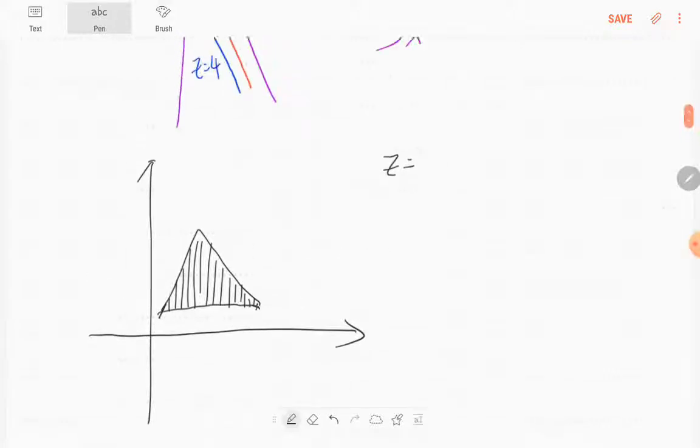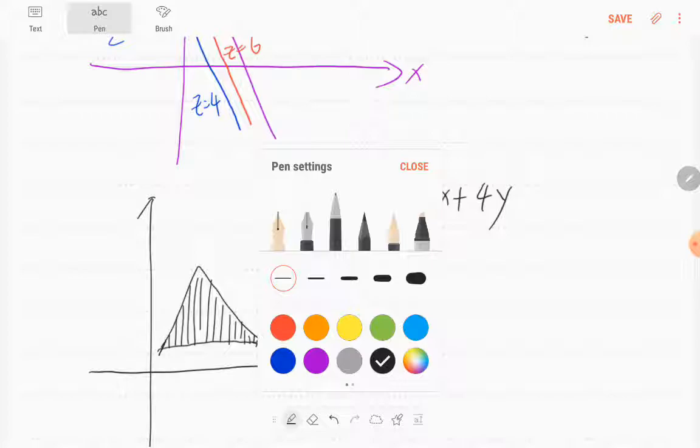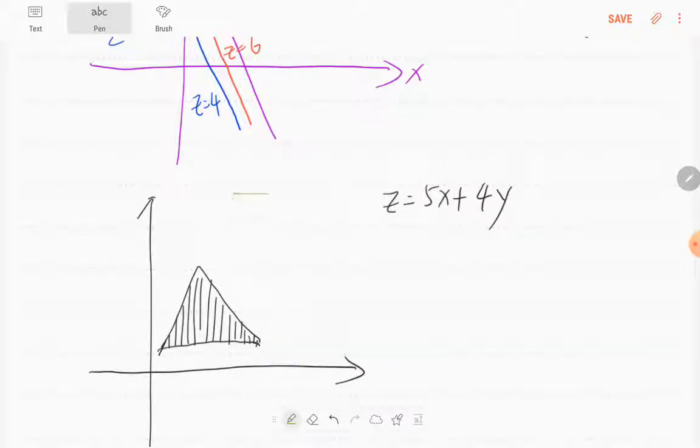If z equals 5x plus 4y, it represents a straight line. We use green color.